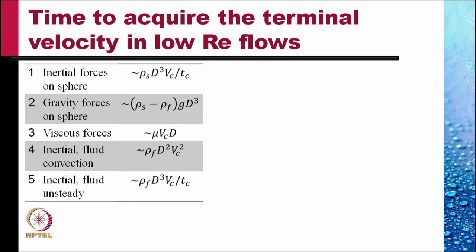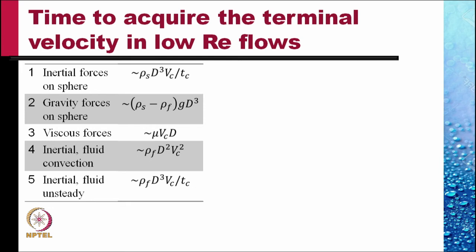The inertial force on the sphere would be mass, which is rho for the solid, rho for steel, times d cube, which is the volume, multiplied by Vc by Tc, which is the characteristic acceleration.